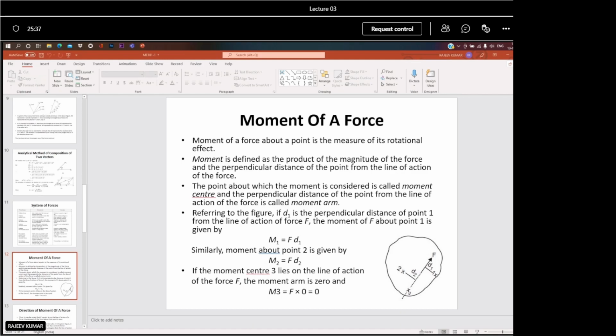You see here d1, point 1 is below on the right-hand side of the force, so you take the opposite side of this, so 2x will be there.